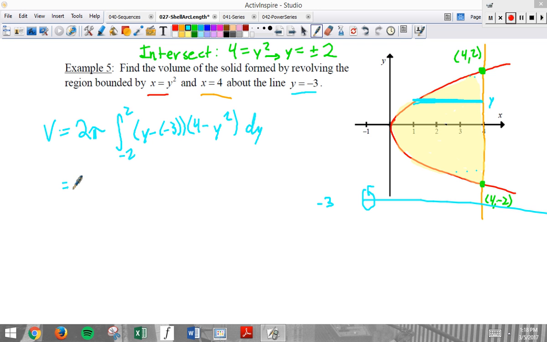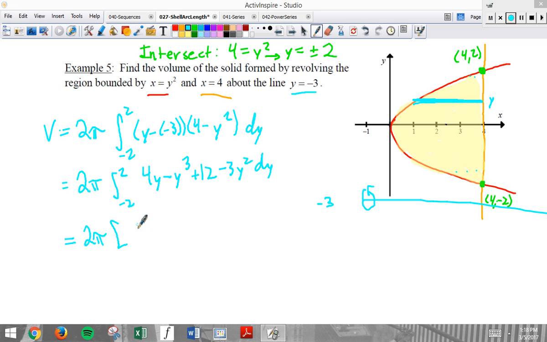So if I wanted to find the volume, I'm going to write it down: y plus 3 times 4 minus y squared. I would get 4y minus y cubed plus 12 minus 3y squared. Power rule, people.